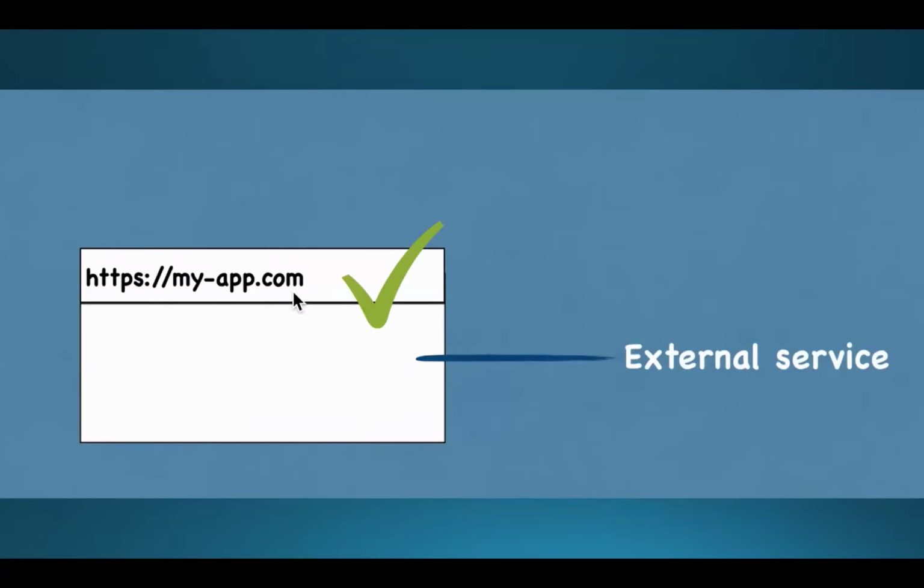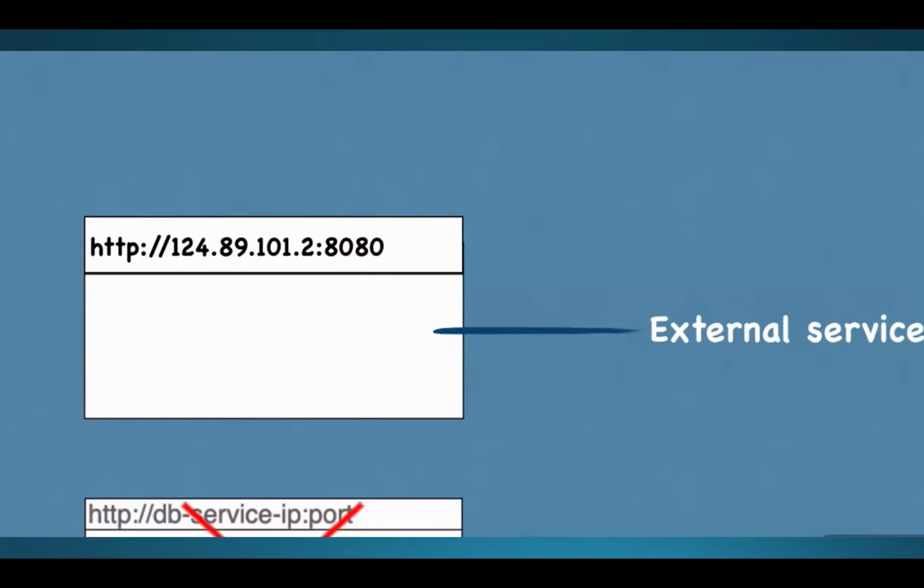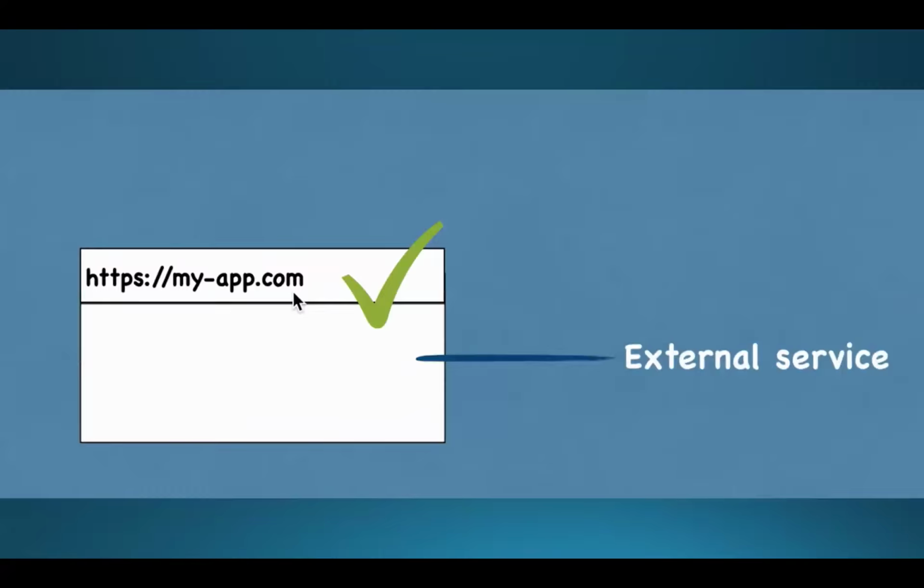But in general, do you want your application to be accessed like this or like this? For the customer? Second one, because people want their application to be accessible using their domain name. So it should be accessible like this instead of giving the port number or the IP address.